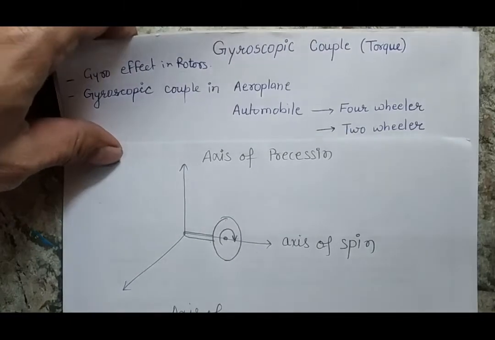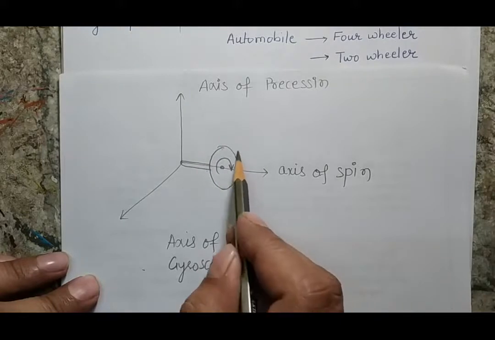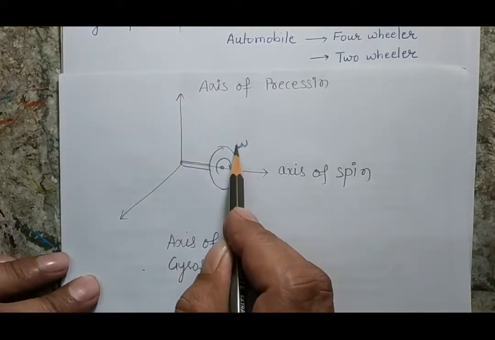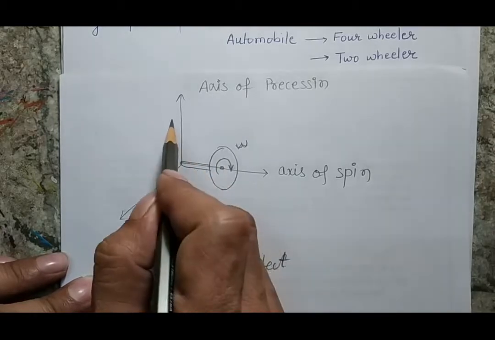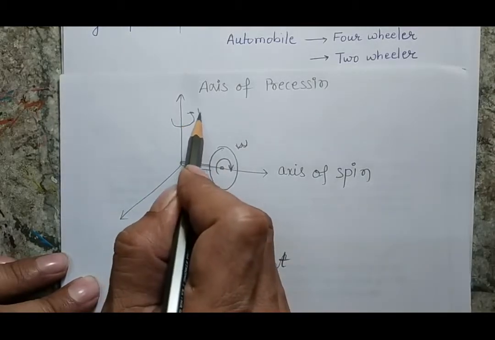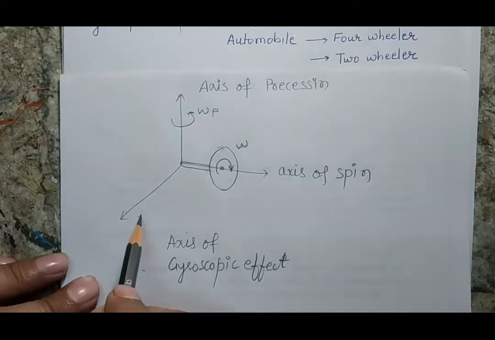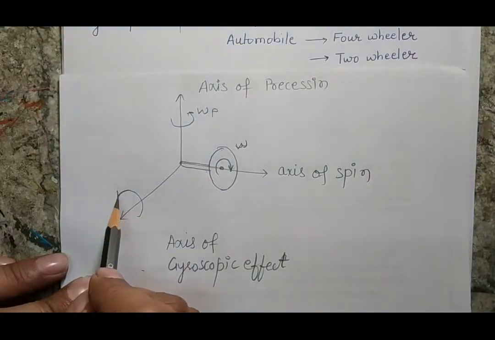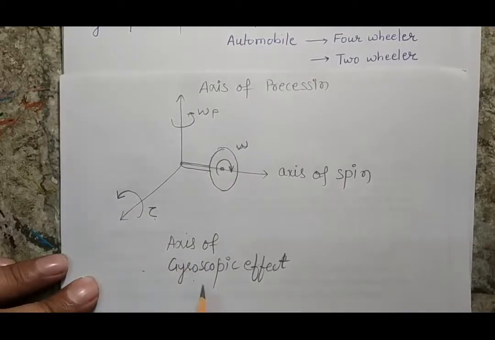First is what we have already seen: if something is rotating with a certain angular velocity, and I turn this axis with some angular velocity omega p, I observe a particular effect with respect to the third axis, and that particular effect or torque is known as the gyroscopic effect.